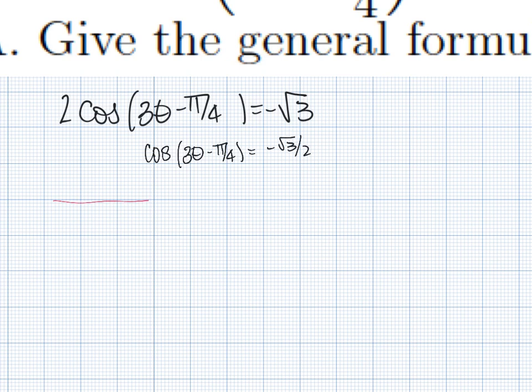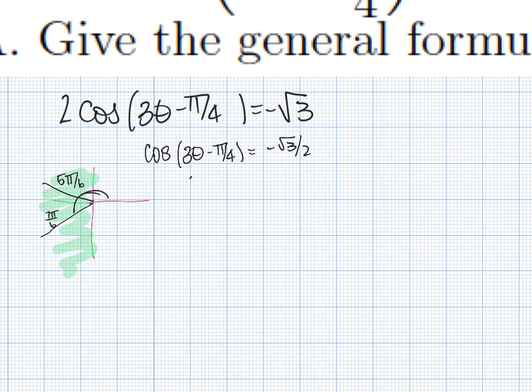So let's think about where this is going to happen. Cosine is negative in quadrants 2 and 3. And in fact, I know that at 5 pi over 6 and 7 pi over 6 is where this is going to happen. So 5 pi over 6, and then down here is 7 pi over 6.